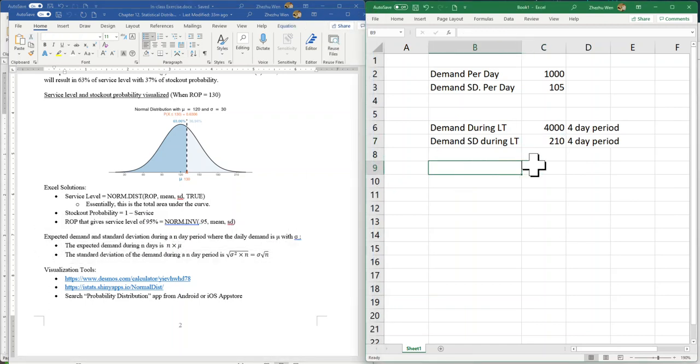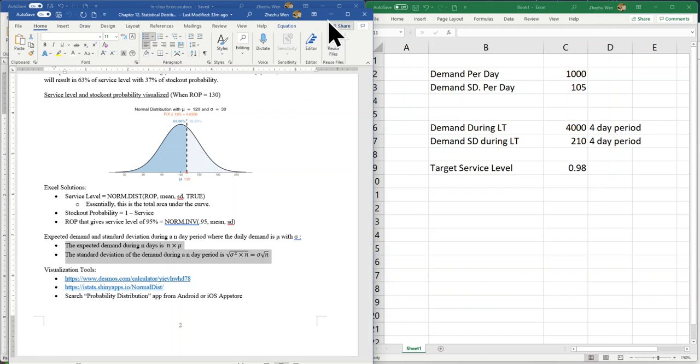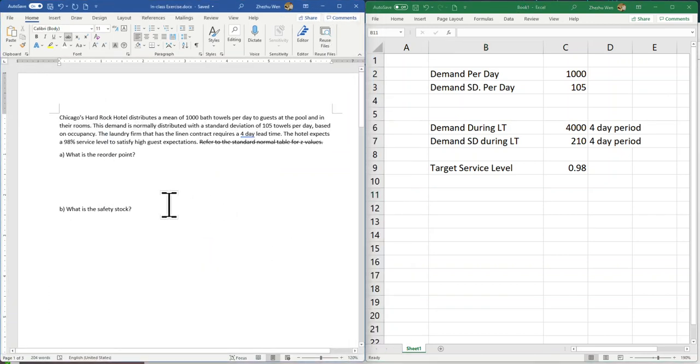So let's see the anticipated service level. There's nothing fancy in the wording; I should say it is the target service level. It's 98%. So what should be the reorder point? I assume that this reorder point should include your safety stock.